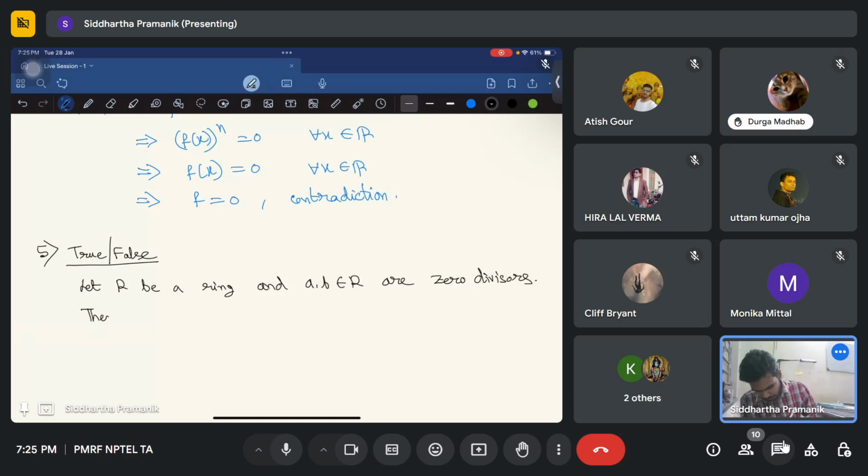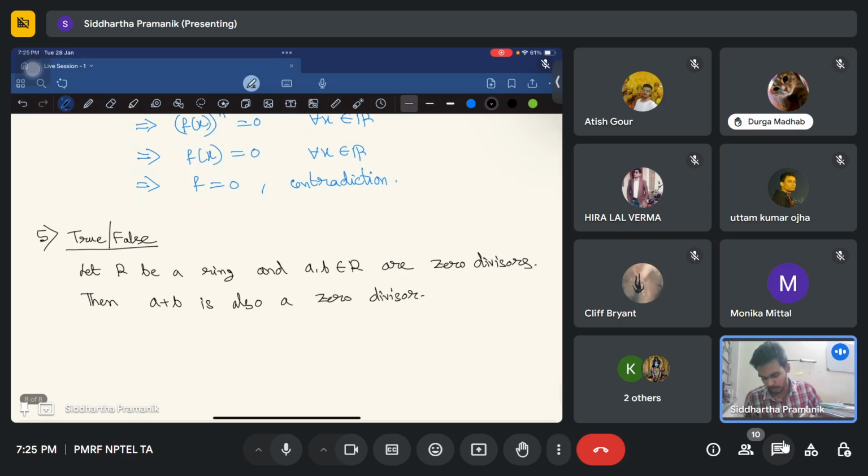Then a plus b is also a zero divisor. Sum of two zero divisors is a zero divisor. Is it true or false?